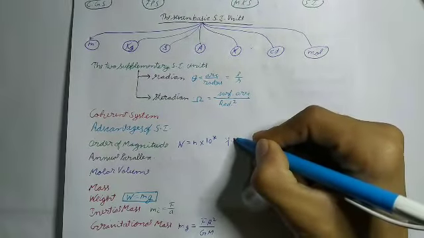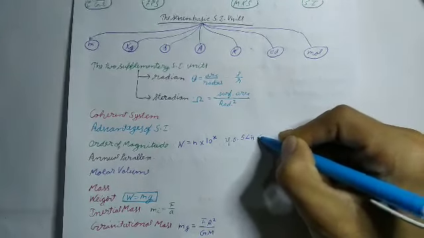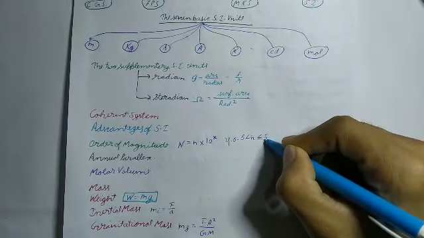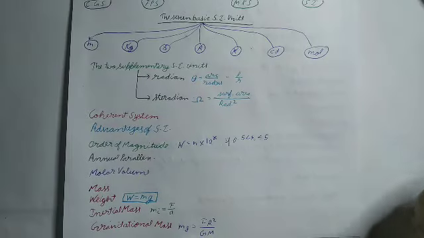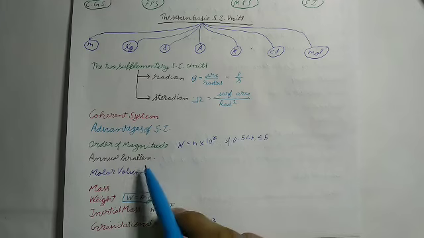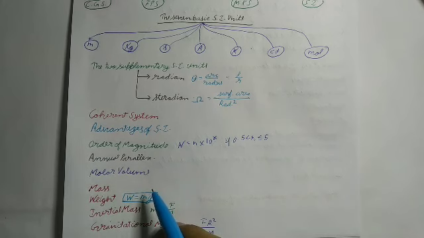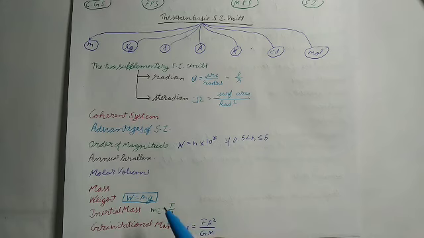If n is between 0.5 and 5, then x will be the order of magnitude of N. Annual parallax: it is the angle theta at which the semi-major axis of the Earth's orbit perpendicular to the star's direction is seen from the star.